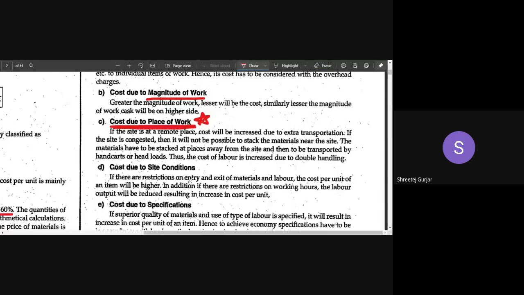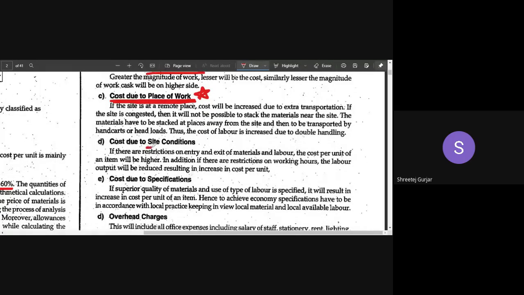Next, cost due to site condition. If there are any restrictions on entry and exit of materials, your cost per unit item will be higher. In addition, if there are any restrictions on working hours, your cost will also increase.